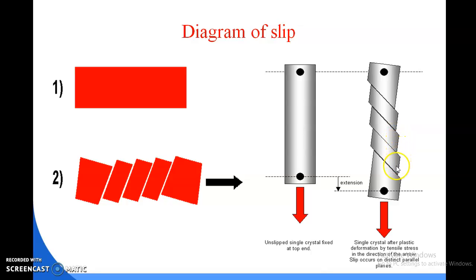At the arrow, slip occurs on distinct parallel planes. So here is the extension. The rod is like this, but after the tensile stress or shear stress, it is extended from this to this.